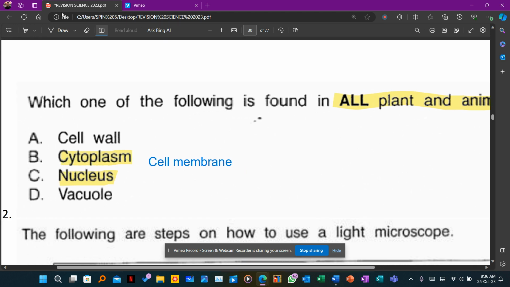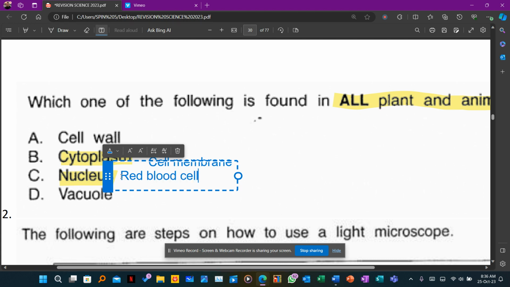No, in this case, you have to remember nucleus is not present in one specialized animal cell, which is red blood cell. Why is nucleus not present in a blood cell? So that the red blood cell can have more oxygen. So please take note, the only thing that is present in all is actually cytoplasm and cell membrane.